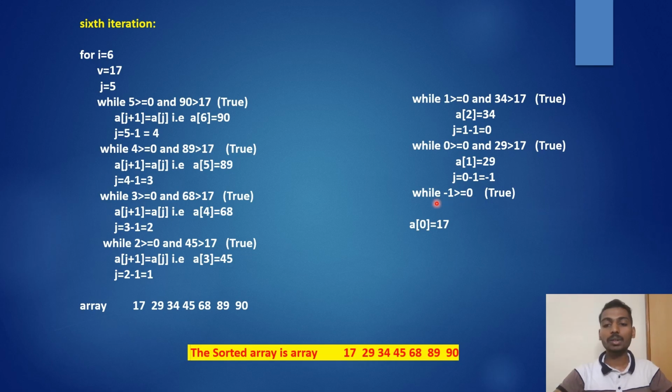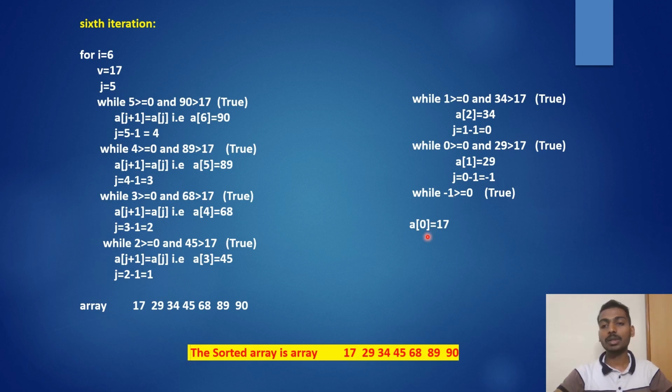When we are executing the while condition, this is a false statement where j is minus 1, it is lesser than 0, and we have to exit from the while loop and execute the statement outside of the while loop, that is a of j plus 1, where j is minus 1.